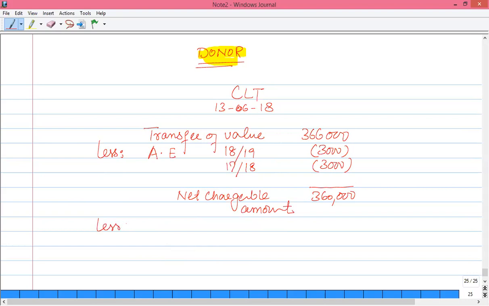Now we deduct the nil rate band, which is 325,000. We have the same value, 35,000, the taxable amount.